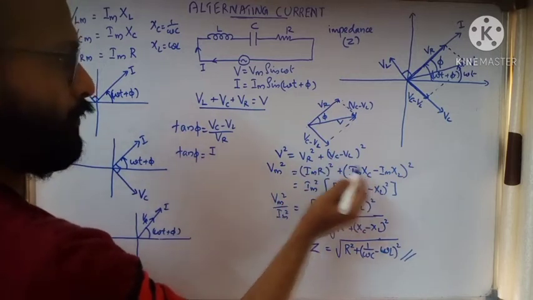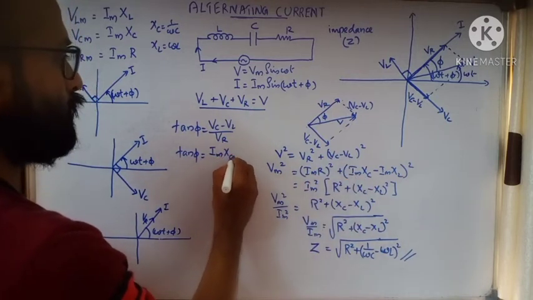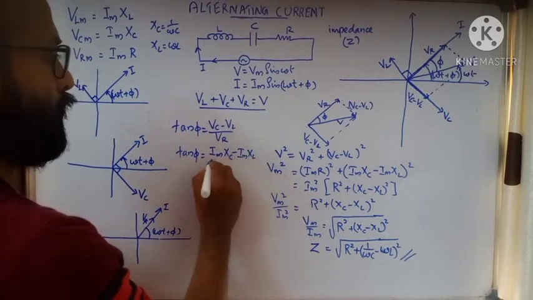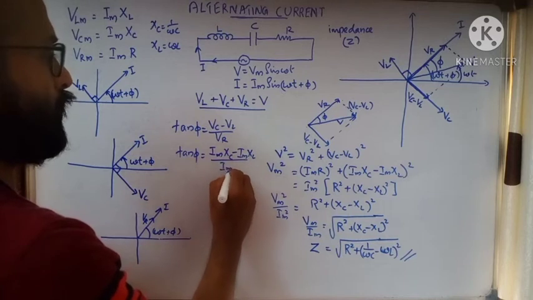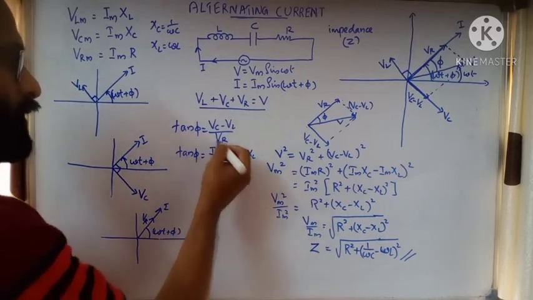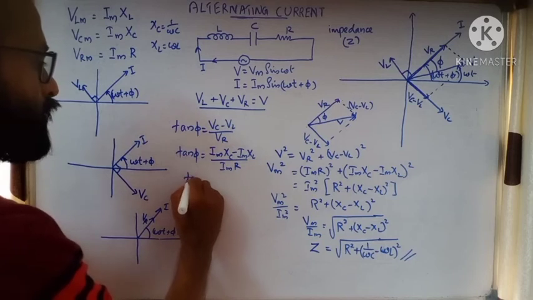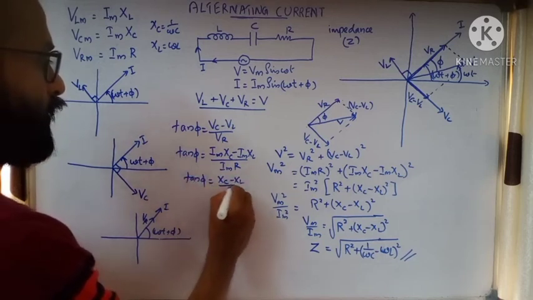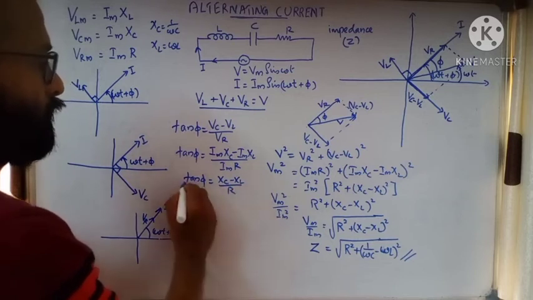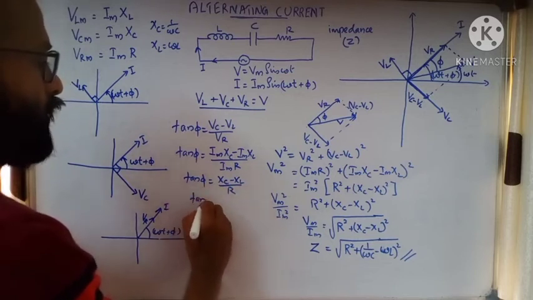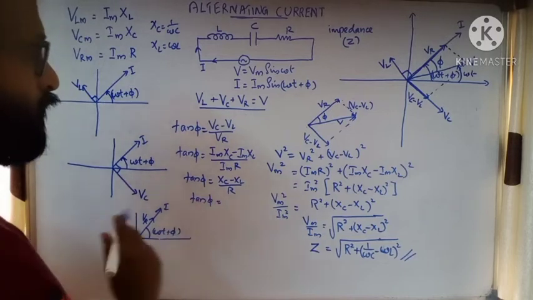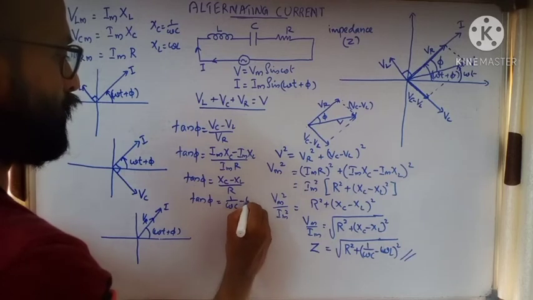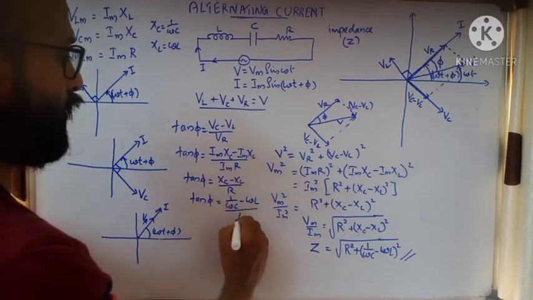Vc is equal to Im into Xc, minus VL, Im into XL, divided by VR, which is Im into R. So Im cancels in numerator and denominator. So tan phi is equal to Xc minus XL divided by R. Or we can say tan phi is equal to Xc minus XL, that is 1 by omega C minus omega L, the whole divided by R.